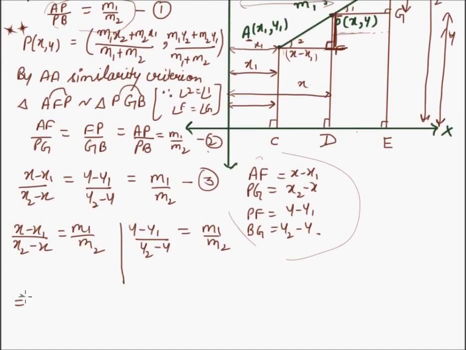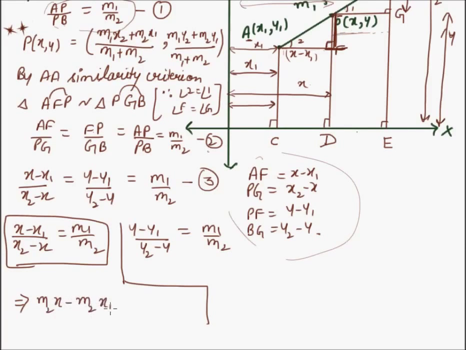Let us first simplify this equation, which will be m2x minus m2x1 is equal to m1x2 minus m1x. Or we can say that, bringing the term with variable x to the left hand side, m2x plus m1x is equal to m1x2 plus m2x1.